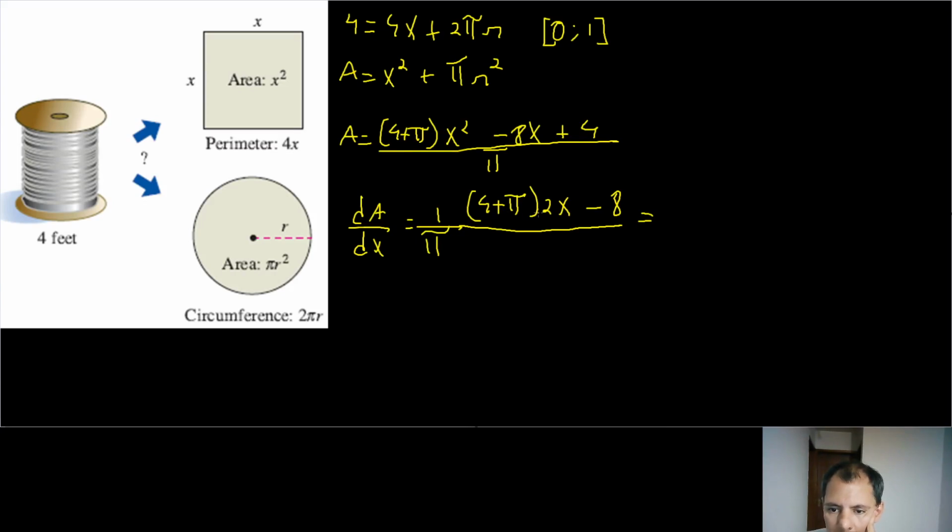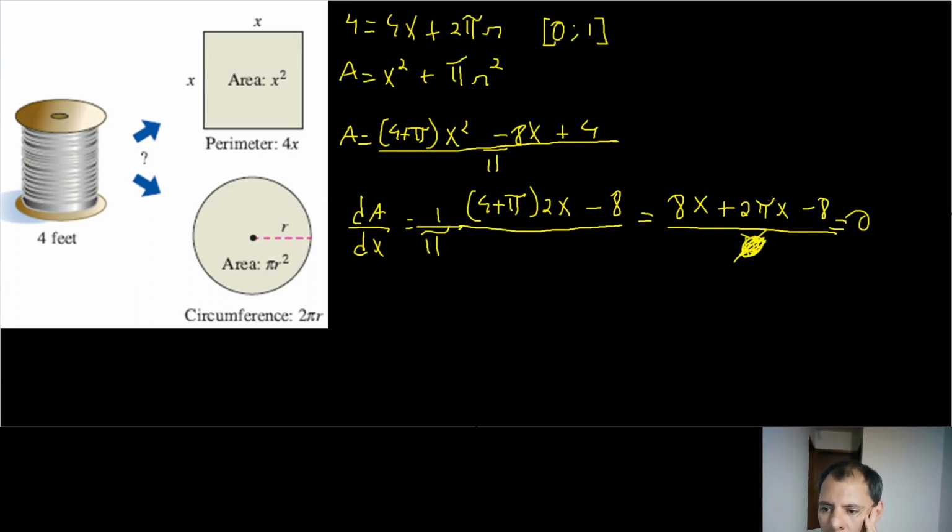But right now, I'm just gonna do something here. So this is gonna be 8x, right? I just didn't want that to happen, but there's nothing I can do. Plus 2 pi x minus 8 divided by pi has to be equal to 0. So 8x plus 2 pi x minus 8, okay.